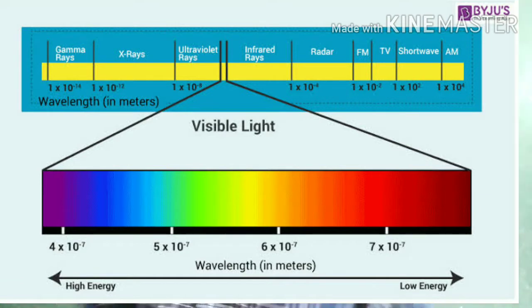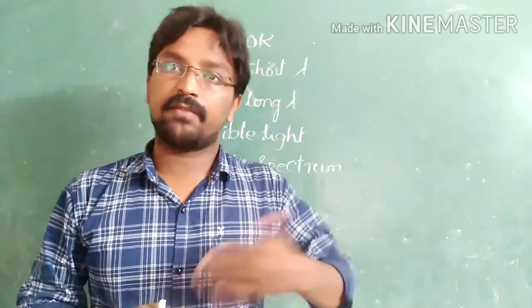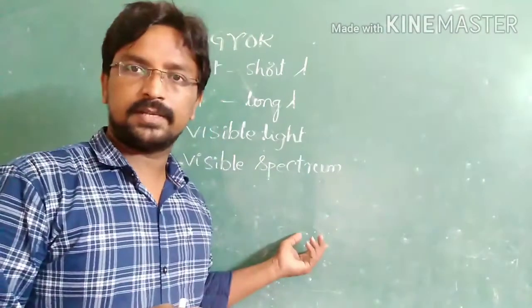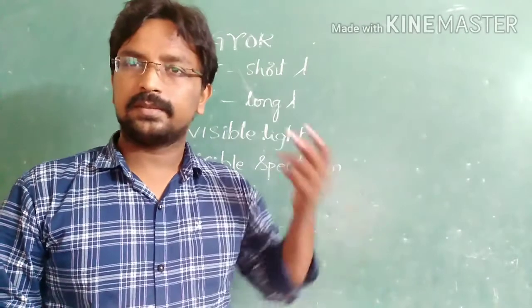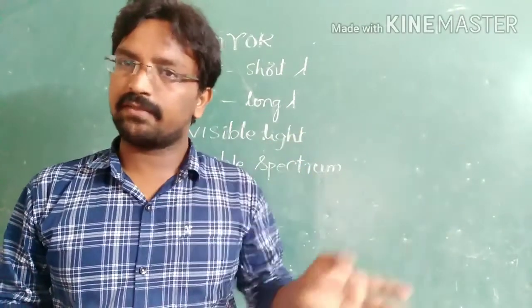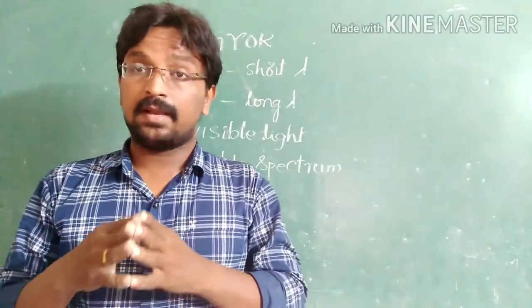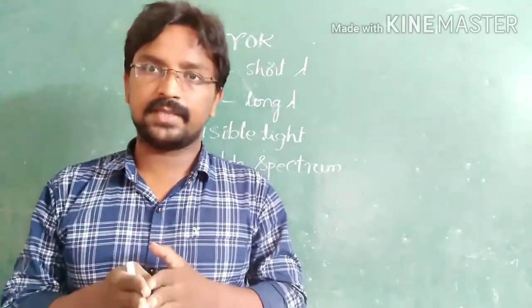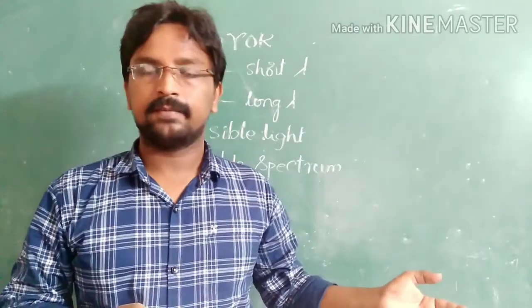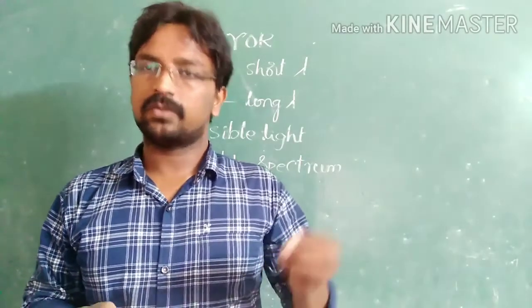Here the question is: is there any other wavelength beyond visible light? Just imagine, is there any wavelength more than red? Is there any wavelength less than violet? Yes, definitely.